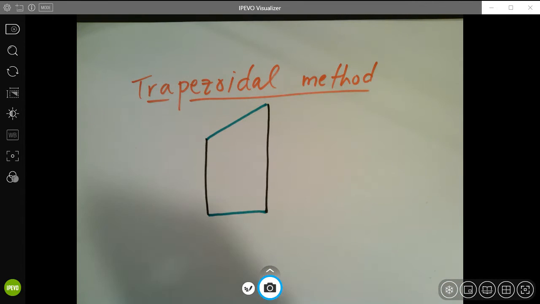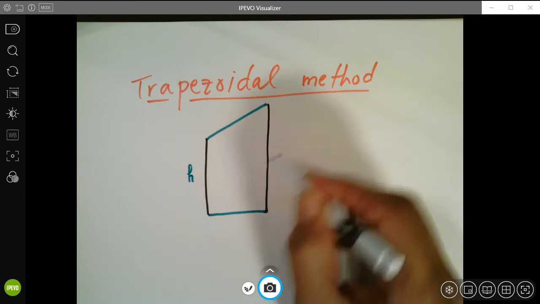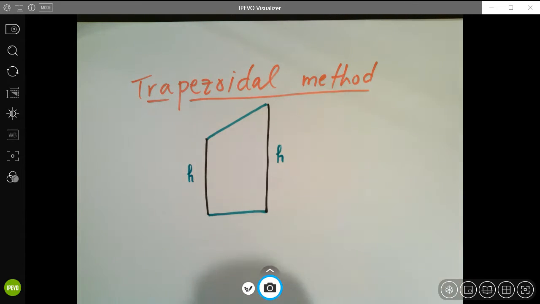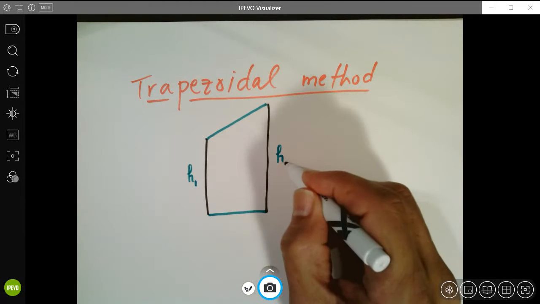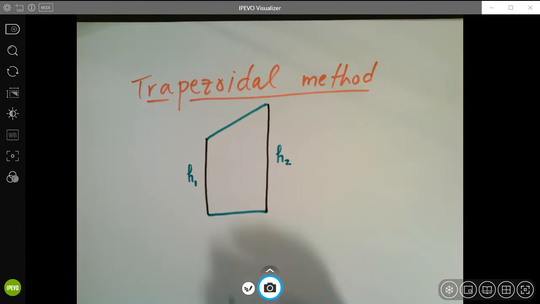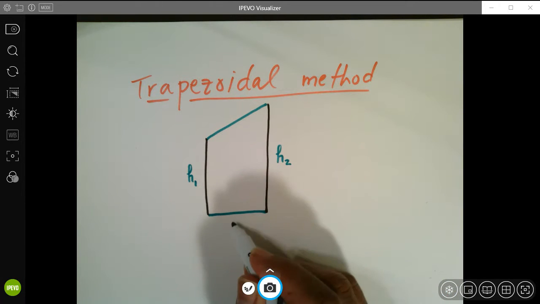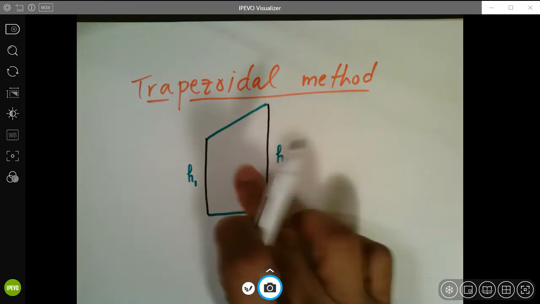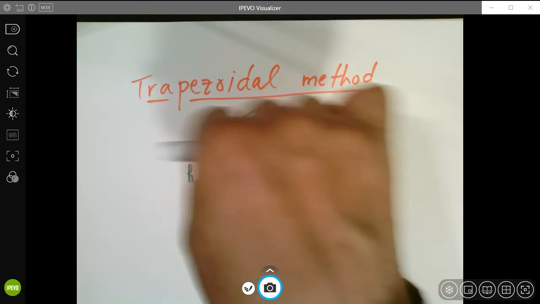What will be the trapezoid? This height and this height, I'm going to call H1 and H2, and this one is delta x usually, which is the base. Now, if you want this surface area, you can cut here.